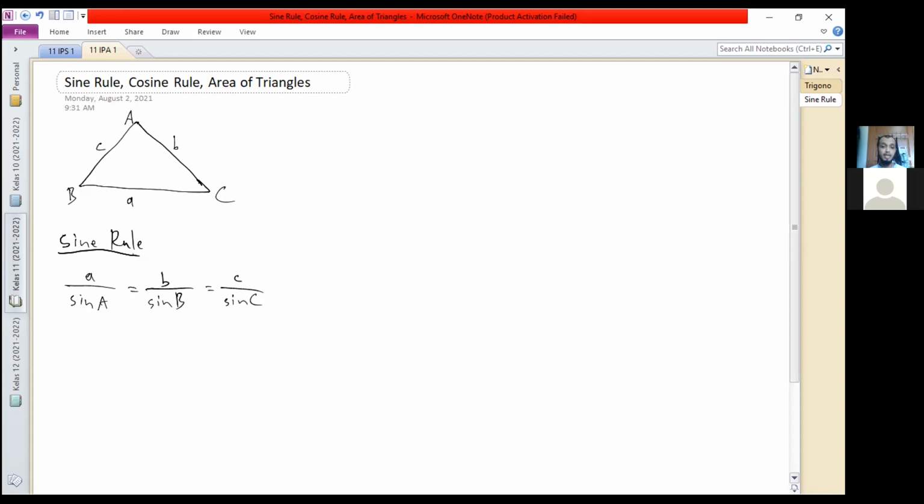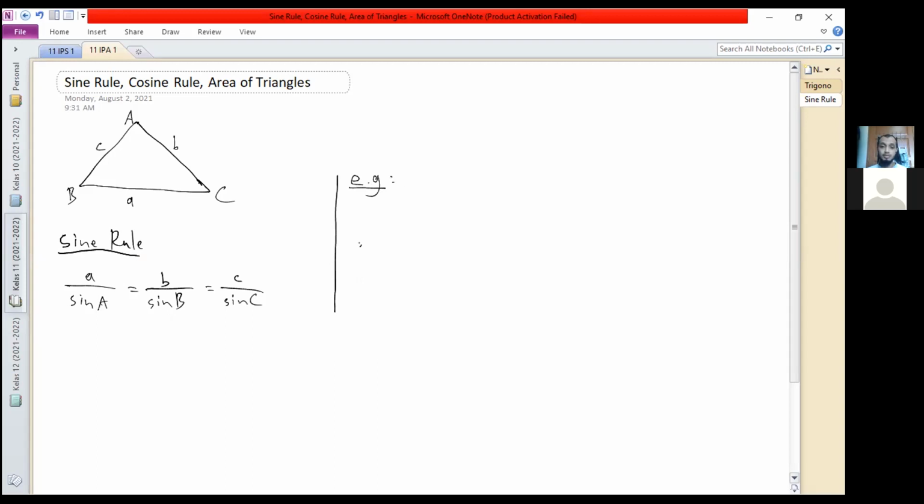So how to apply this rule? We can apply it to any triangle, including a right triangle. But let me give you an example from a triangle which is not a right angle.